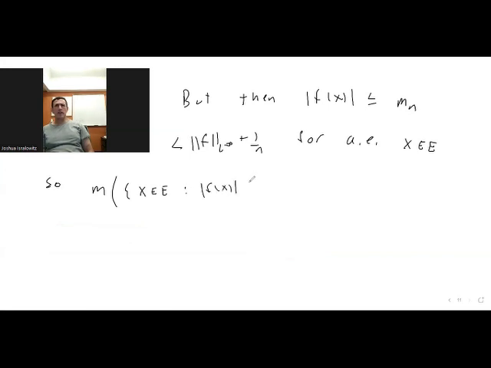And I'll call this En in a second. And this is just because Mn is less than the L infinity norm of f plus 1 over n.